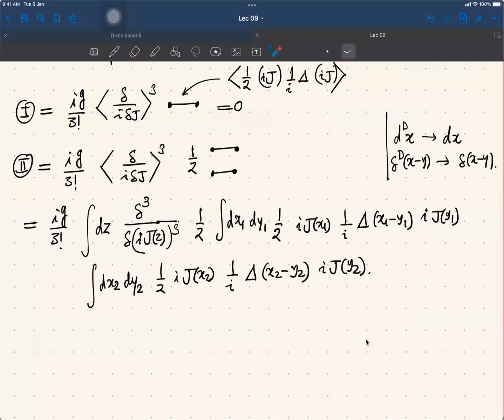So I have written this expression, and then for these two I have these two expressions. Each one has a factor of half inside, which is the symmetry between the interchange of two j factors, and an overall factor of half here, which is the symmetry of interchanging between these two propagators. So this is the calculation we have to do.